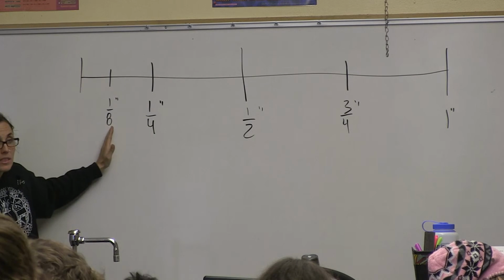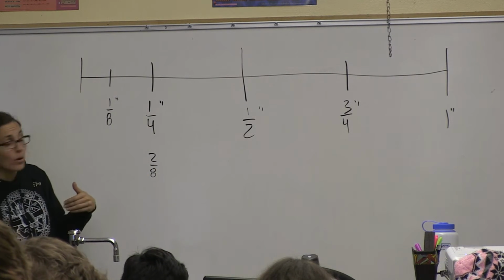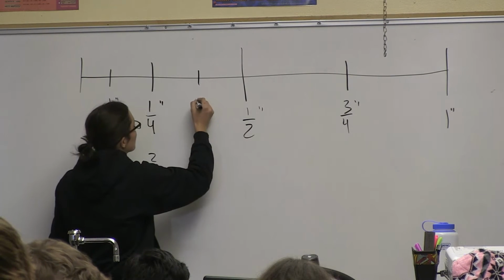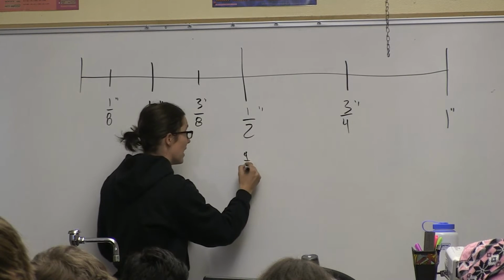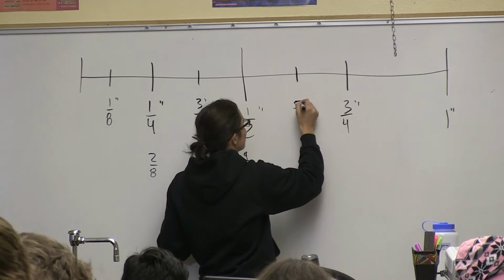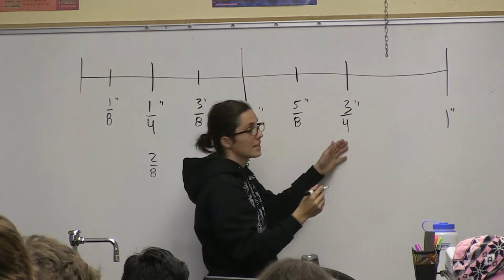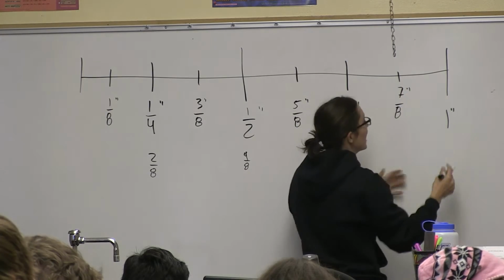And this would be 1/8, 2/8, which of course simplifies back to a fourth. This guy would be 3/8. 4/8 would be a half, simplifies. 5/8. 6/8 simplifies. 7/8. And 8/8 is a whole.